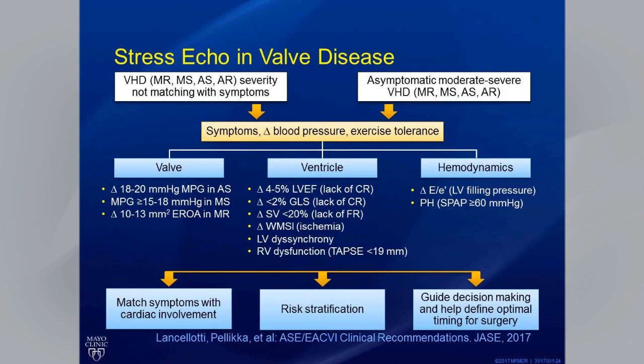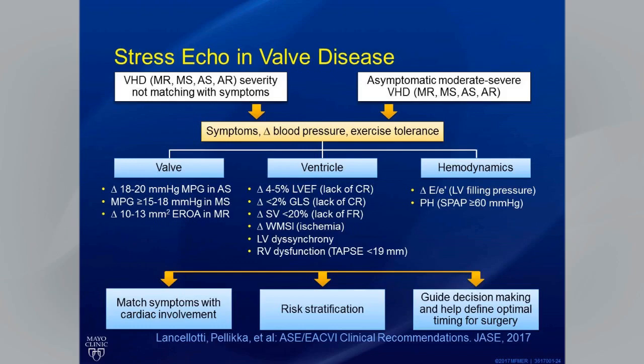That is, the patient appears to have only moderate disease, but is reporting symptoms. We can also use it to evaluate the patient with significant, moderate to severe, or severe valvular heart disease who says that they are asymptomatic, to see if they really are. With these studies, we will be evaluating the patient's symptoms, change in blood pressure, and exercise tolerance.